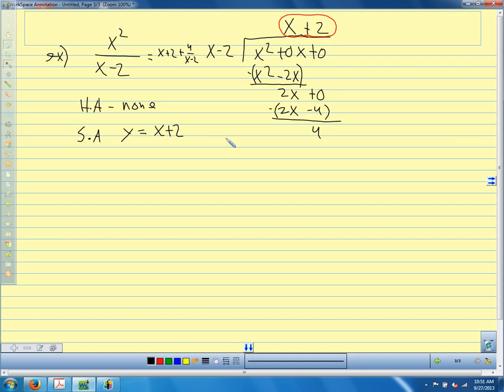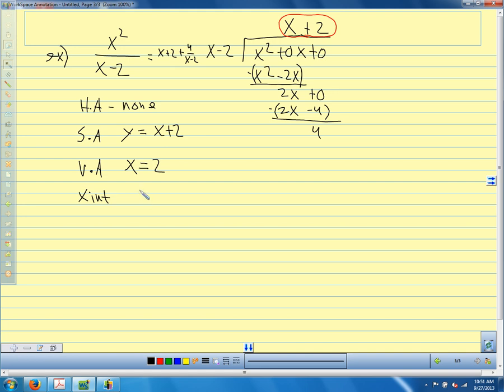So let's find the rest of our points. We have our slant asymptote. We know we have no horizontal asymptote. How about a vertical asymptote? Where's that? x equals 2. We have the line x equals 2. We need to find our intercepts. What are we looking for for the x-intercept?